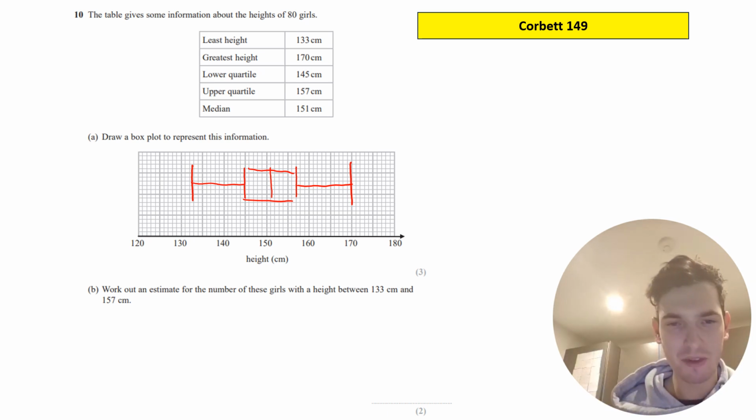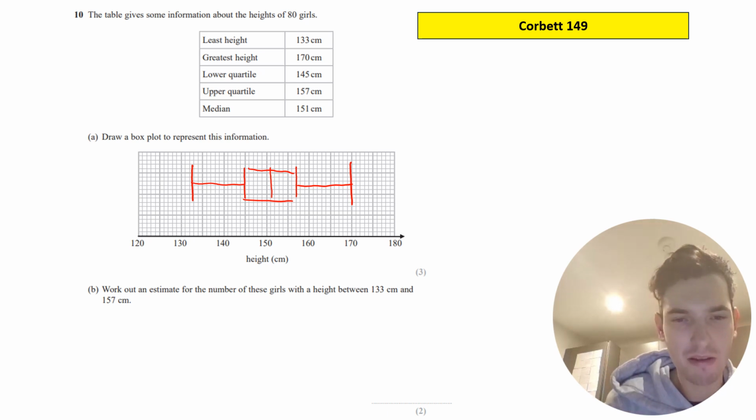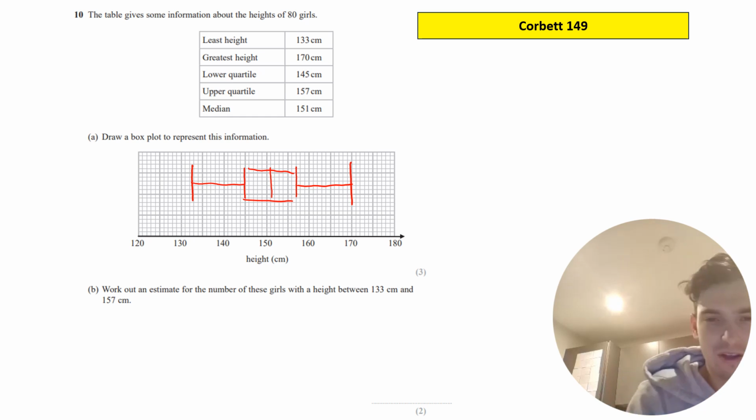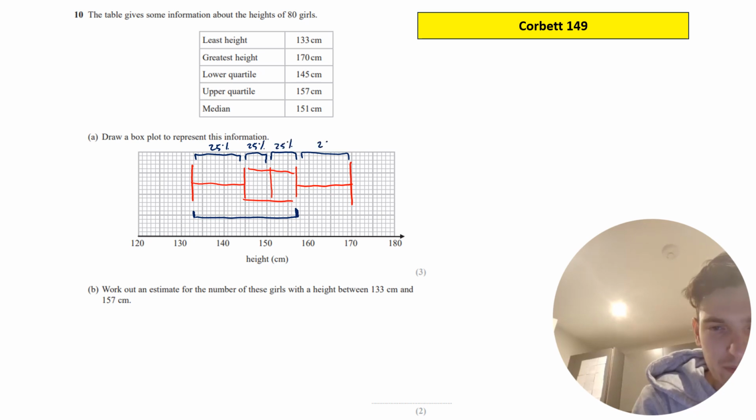Right, work out an estimate for the number of girls with a height between 133 and 157. Okay, so 133 is the least height here, and 157 is the upper quartile. And I know that between each of these points I've got 25%, or a quarter, of all of the data.